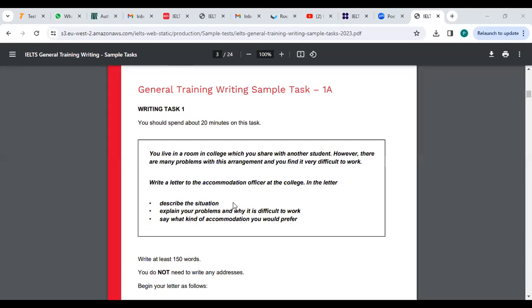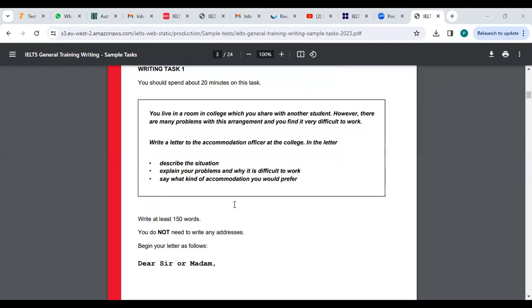In the letter, describe the situation. Explain your problems and why it is difficult to work. Say what kind of accommodation you would prefer. Write at least 150 words. You do not need to write any addresses. Begin your letter as follows. Dear sir or madam.